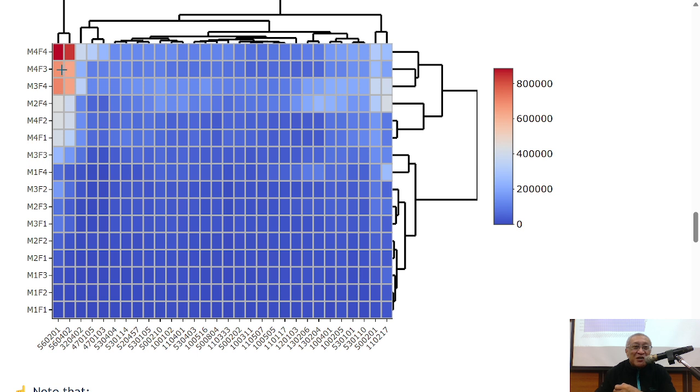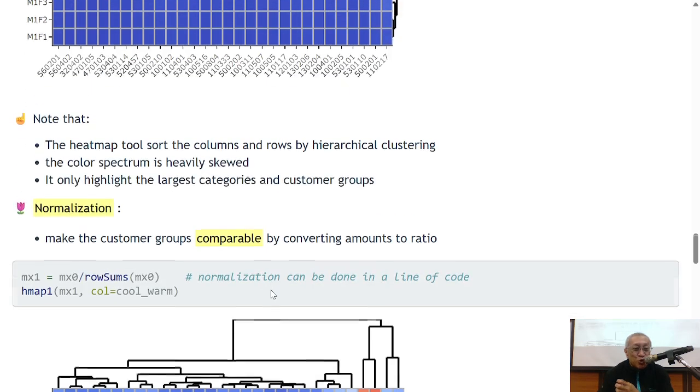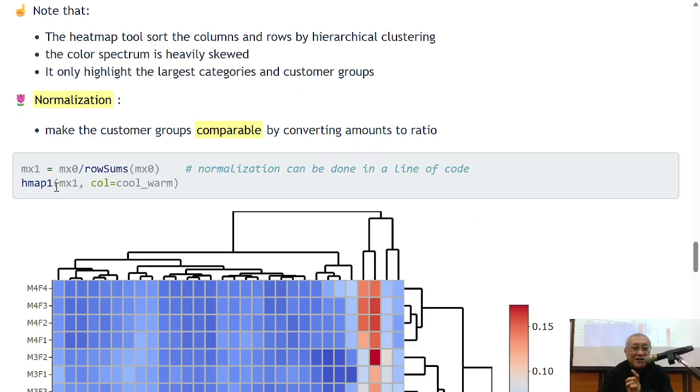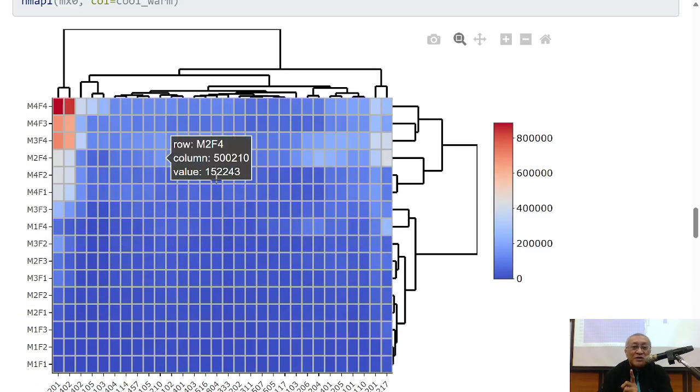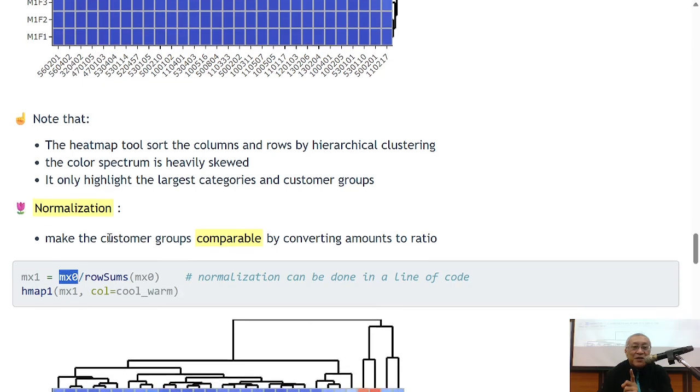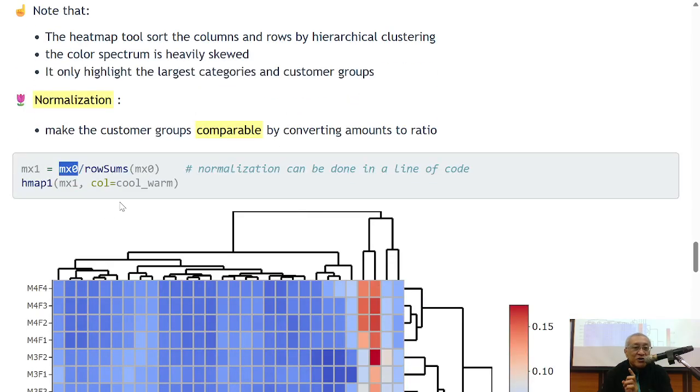So if I compare it directly with M1F1, it will not give us extra information. So there's a trick. This is MX1, and when we visualize MX1, this is what we see. But I do a transformation called normalization. I divide MX0 by the row sum of MX0.